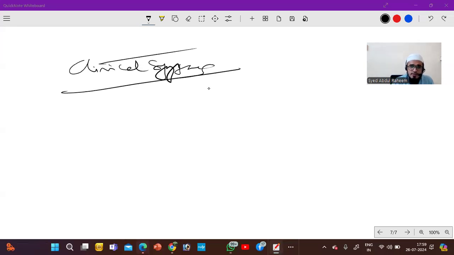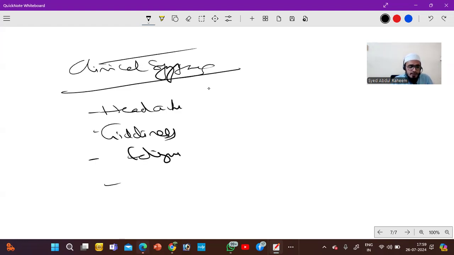Mostly the patient has headache, giddiness, and fatigue, weakness also in some cases, or irritability, lack of concentration. Some patients have drowsiness, blurred vision if the BP is very high. So these are the common symptoms you can see in hypertension.